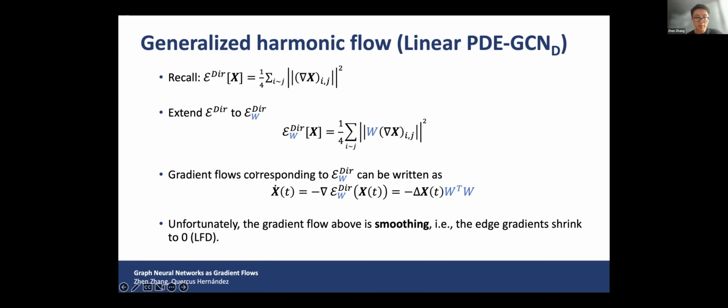And so then the gradient flow associated with the Dirichlet energy can be written as basically x dot equals negative Laplacian x times W transpose W. And here W is learnable. Unfortunately, this gradient flow will still be over-smoothing, in the sense that the edge gradients will shrink to 0, which is LFD.